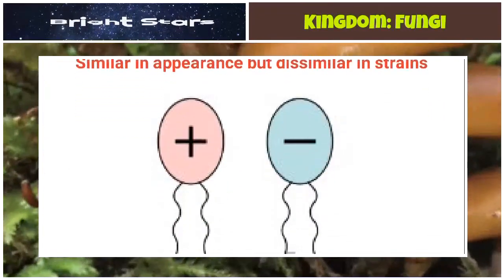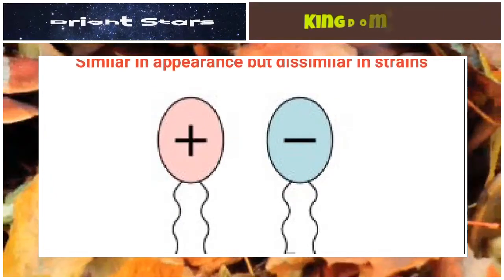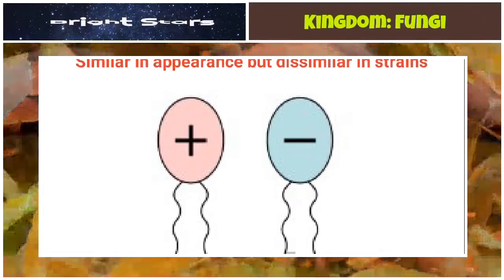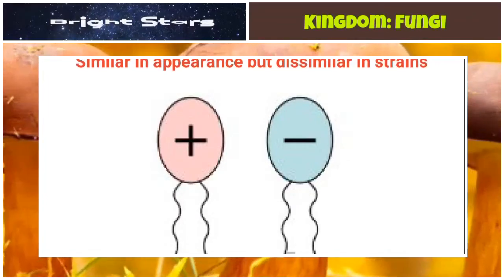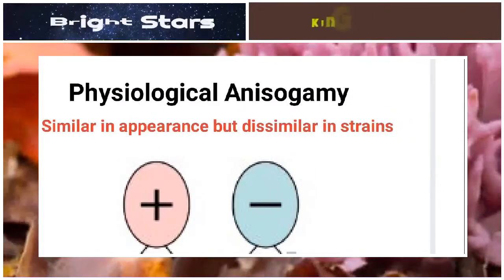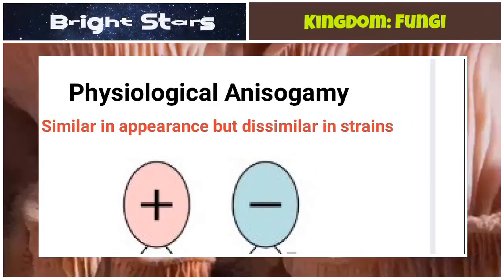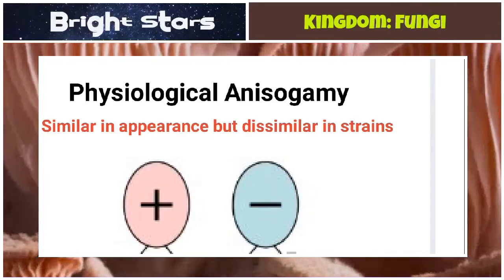Here two gametes are similar in size and appearance externally, but internally they belong to two different strains, plus and minus strains. If gametes unite in this manner, we call that process physiological anisogamy. That is, similar in appearance but dissimilar in strains.